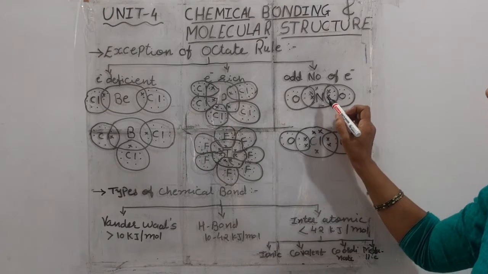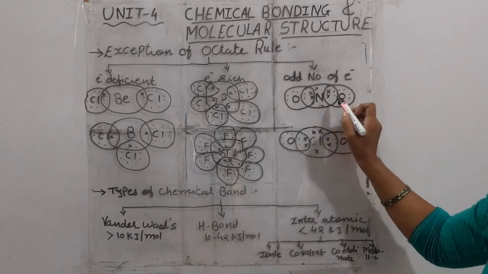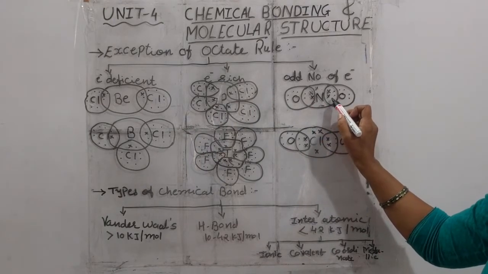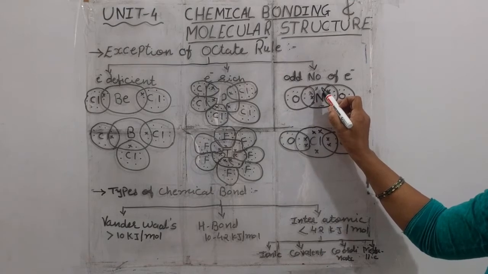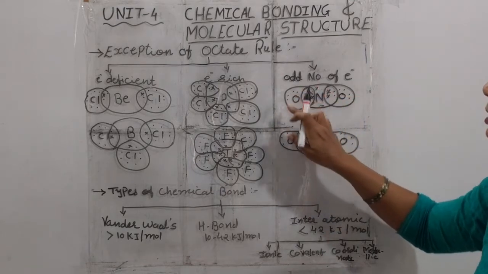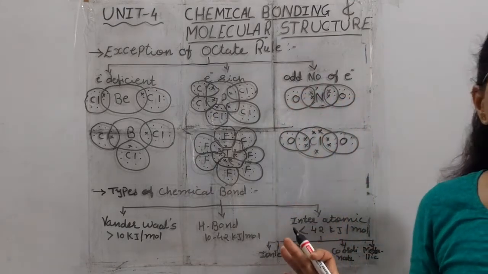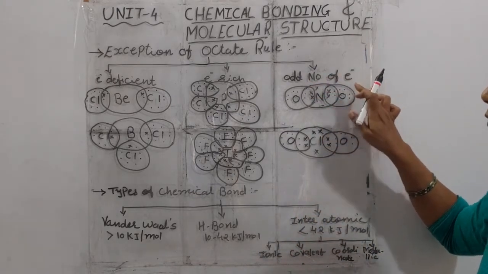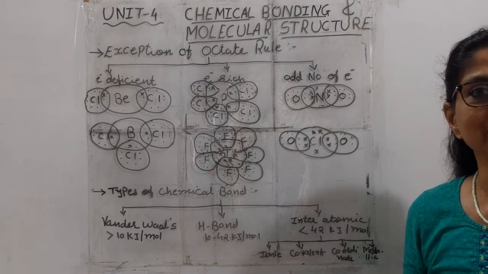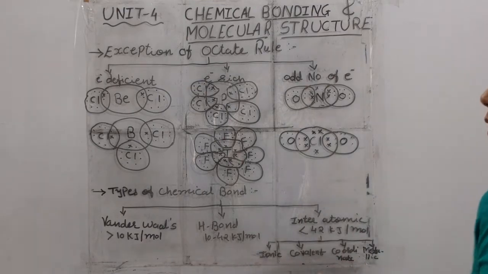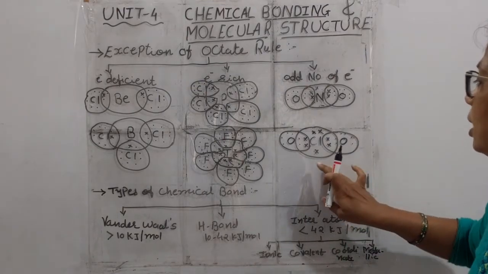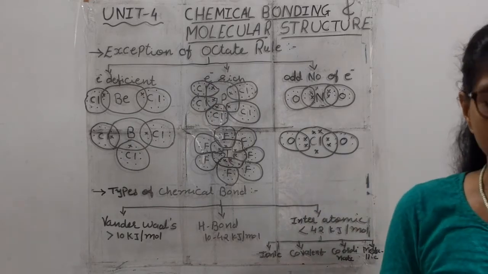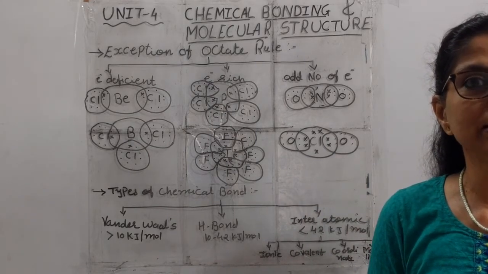The nitrogen has 9 electrons, 4 from this side and 4 from this side: 4 and 4 is 8, and 1 is 9. But the oxygens are going to complete their octet. So here the nitrogen has an odd number of electrons. In the same way you can draw the example for NO also. Here one more example I have taken, that is chlorine dioxide, ClO2.